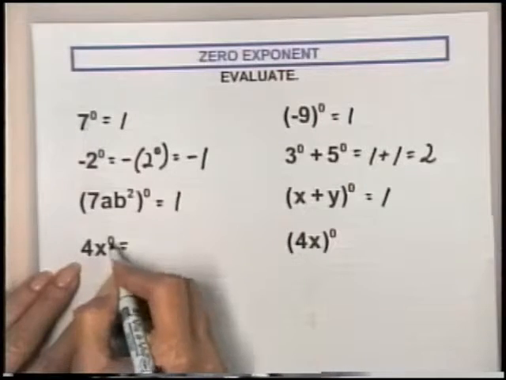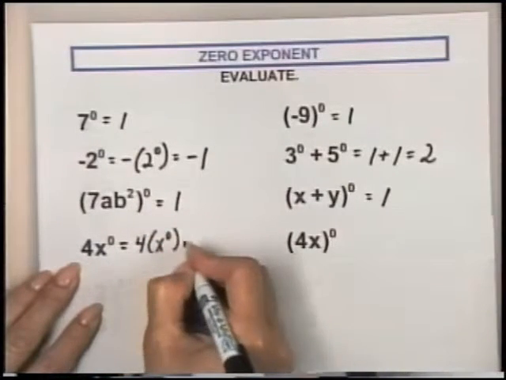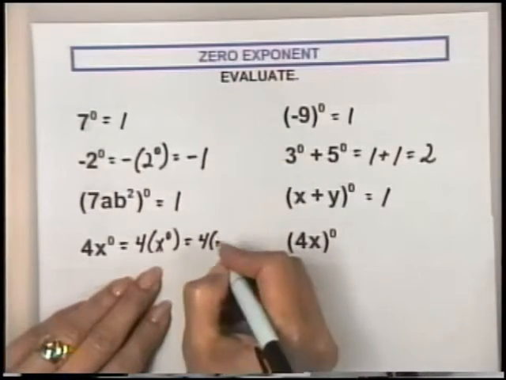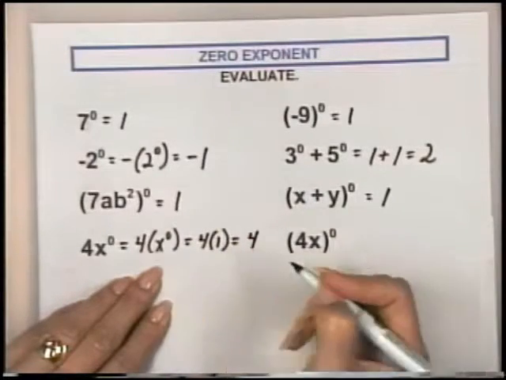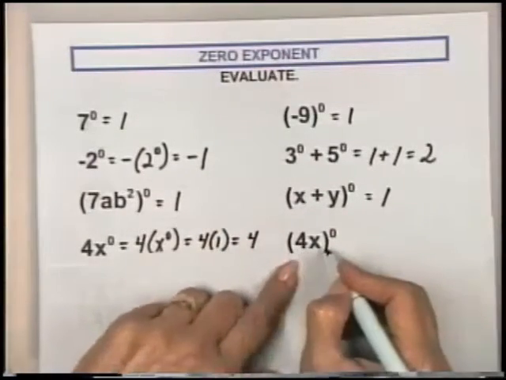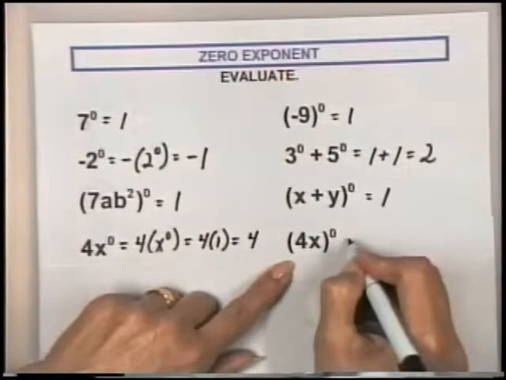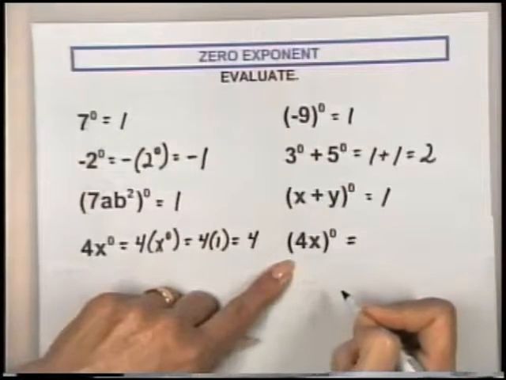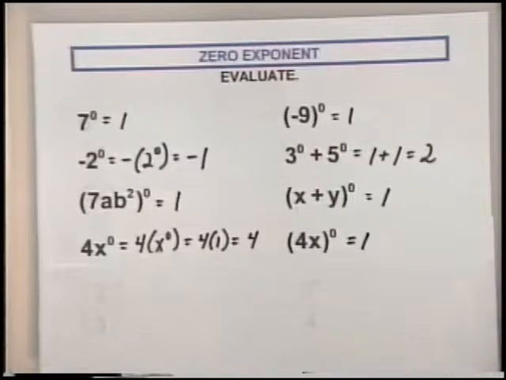What we mean by 4 times x to the 0 is 4 times x to the 0 power, which would be 4 times 1, since x to the 0 is 1, and 4 times 1 is 4. For this problem, the product 4x is raised to the 0 power. The 0 applies to both the 4 and the x, so the result is 1.